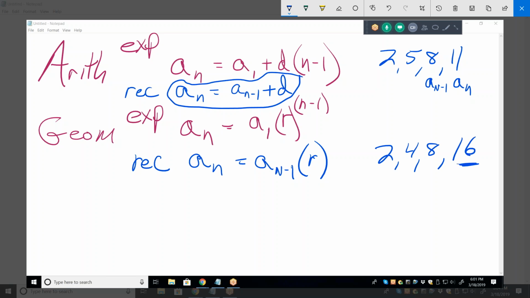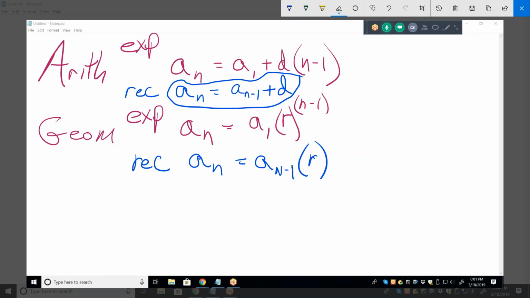So this term right here is the previous term times the common ratio. Okay? That's really all you need to understand about the recursive definition.